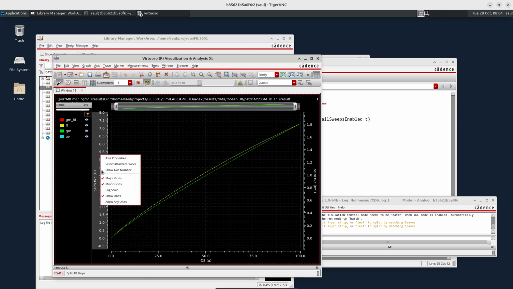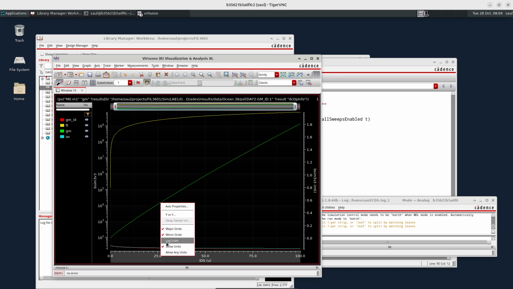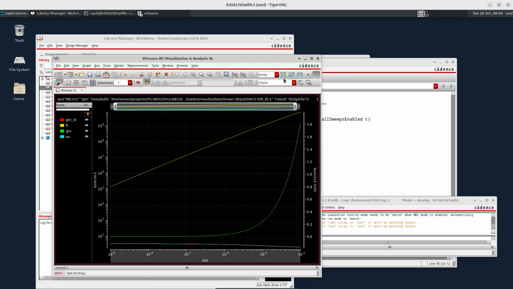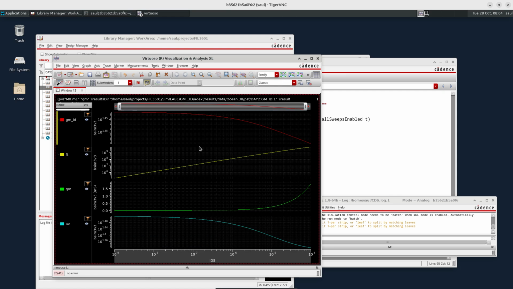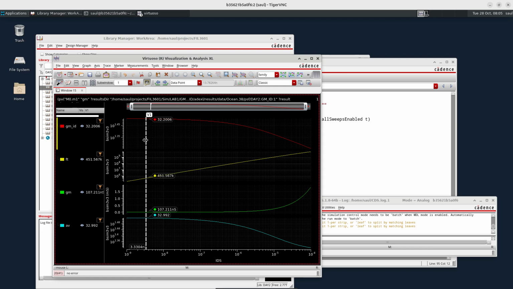We can just put all of these ones logarithmic, this logarithmic, and then we split, and then here we put a vertical marker so we can track how the GM over ID and FT changes for different current, and we can see exactly how it changes, and we can also track the intrinsic gain.